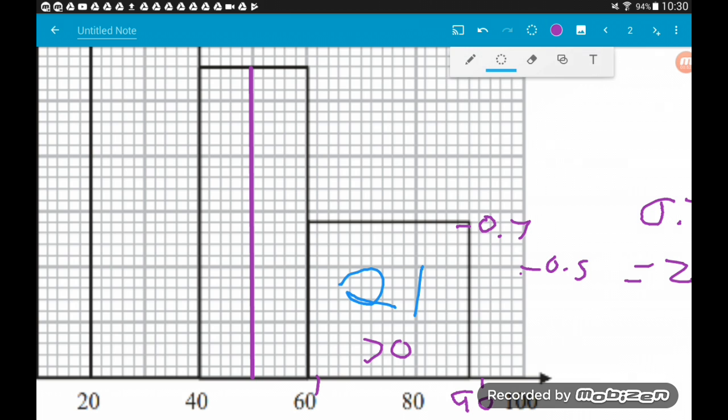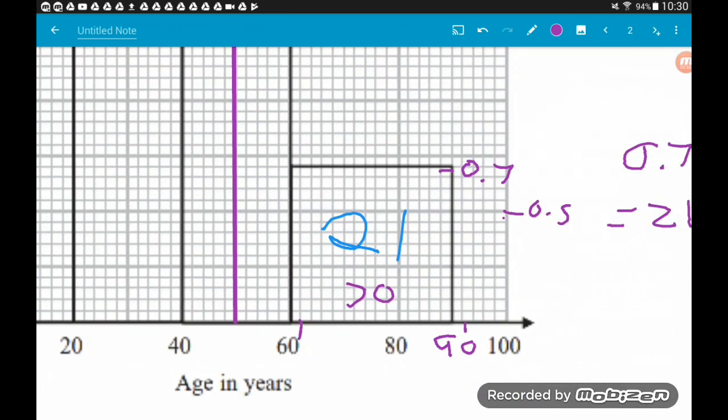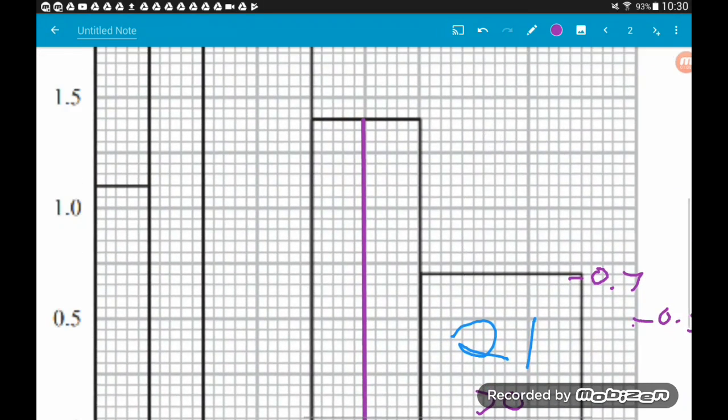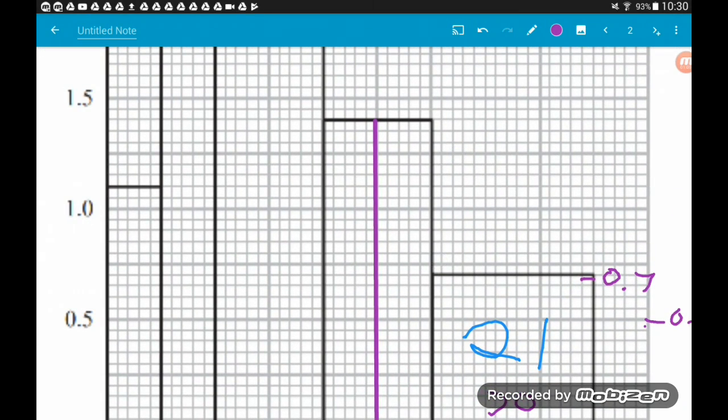So how are we going to do this then? Well, again, we need the interval width, which this time is going to be 10. And then we need the frequency density. We can see it's 2 little squares below 1.5. 2 little squares is 0.1, so our frequency density is 1.4.